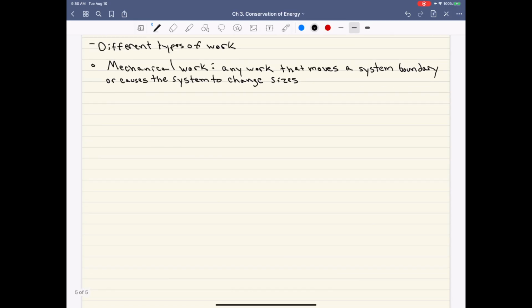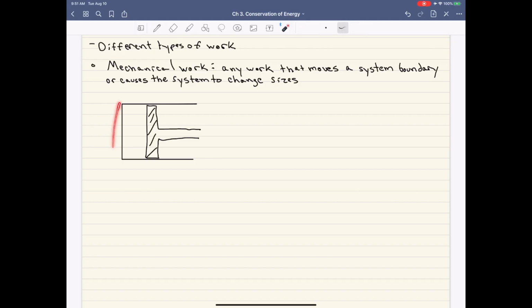And so when we talk about mechanical work, here's a picture that I want you to have inside of your head. Okay? And so we're going to draw a piston cylinder system. But to simplify things, we're going to draw one that's on its side. So here's the piston part. And so between the end of the cylinder and the piston, we're going to have a gas.